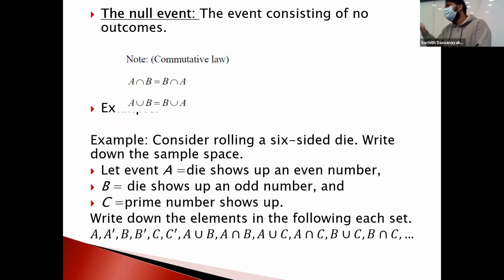Sometimes we call it the empty set, same thing, but we denote the null set using this notation, a zero with a cross through it. There are no outcomes. Every sample space has a null set, or null event.